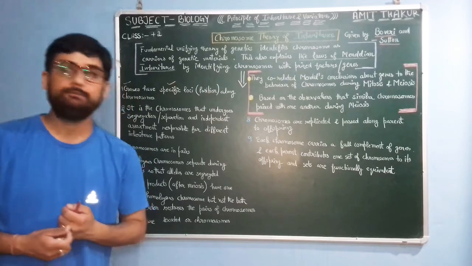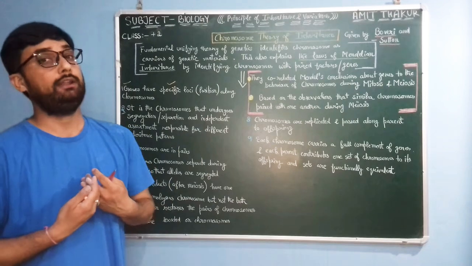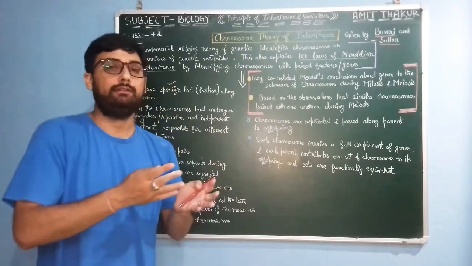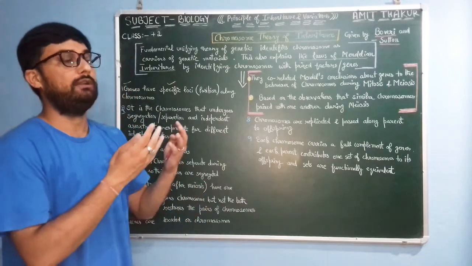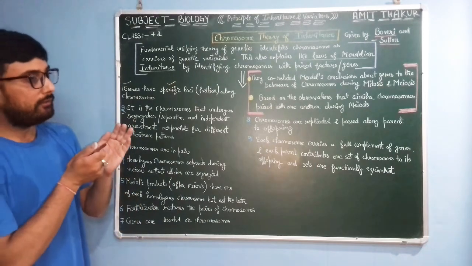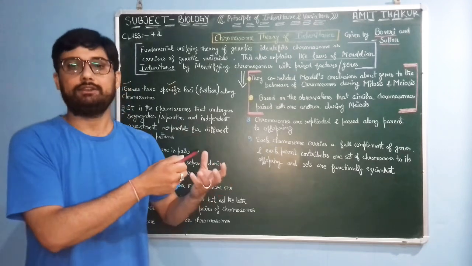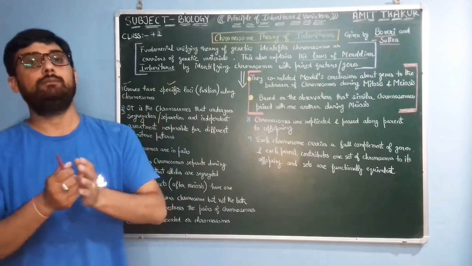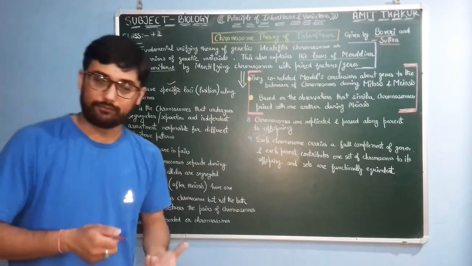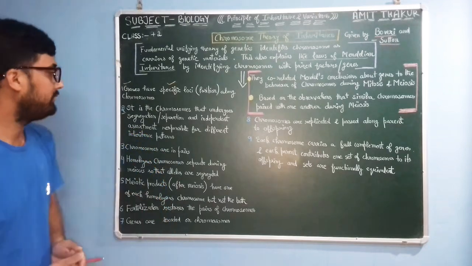For example, human beings have 46 chromosomes in each eukaryotic nucleus, including the nucleus of human cells. During meiosis, as we know, meiosis is a reductional division, so the number becomes half, and only 23 chromosomes are left after the meiotic division, during gamete formation.